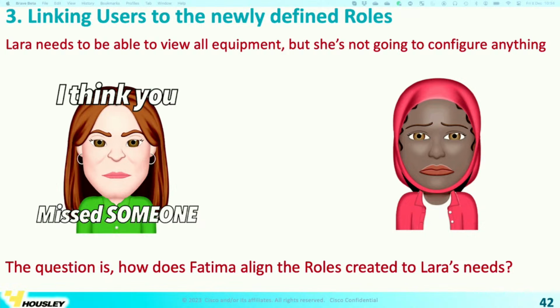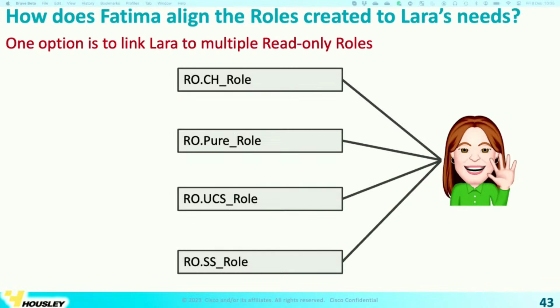How does Fatima give Lara the access that she needs? She only needs read-only access, so we're not going to give her admin rights, but what we could do is create a whole bunch of read-only roles and give Lara access to all of those. That'll keep her happy, she'll be good.